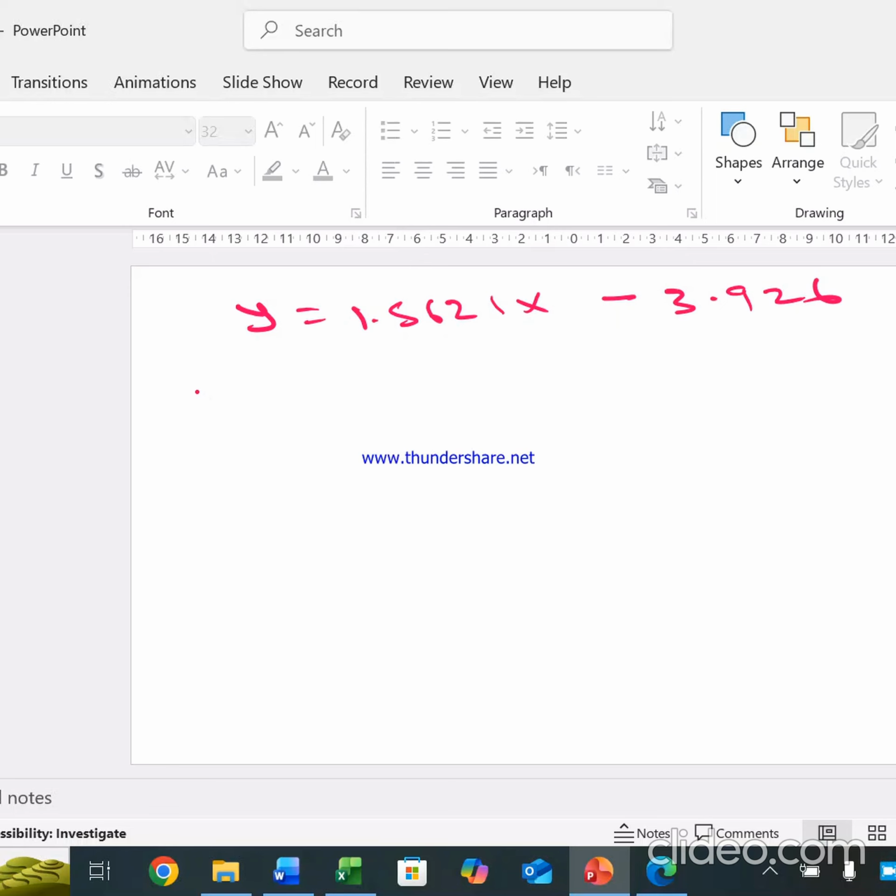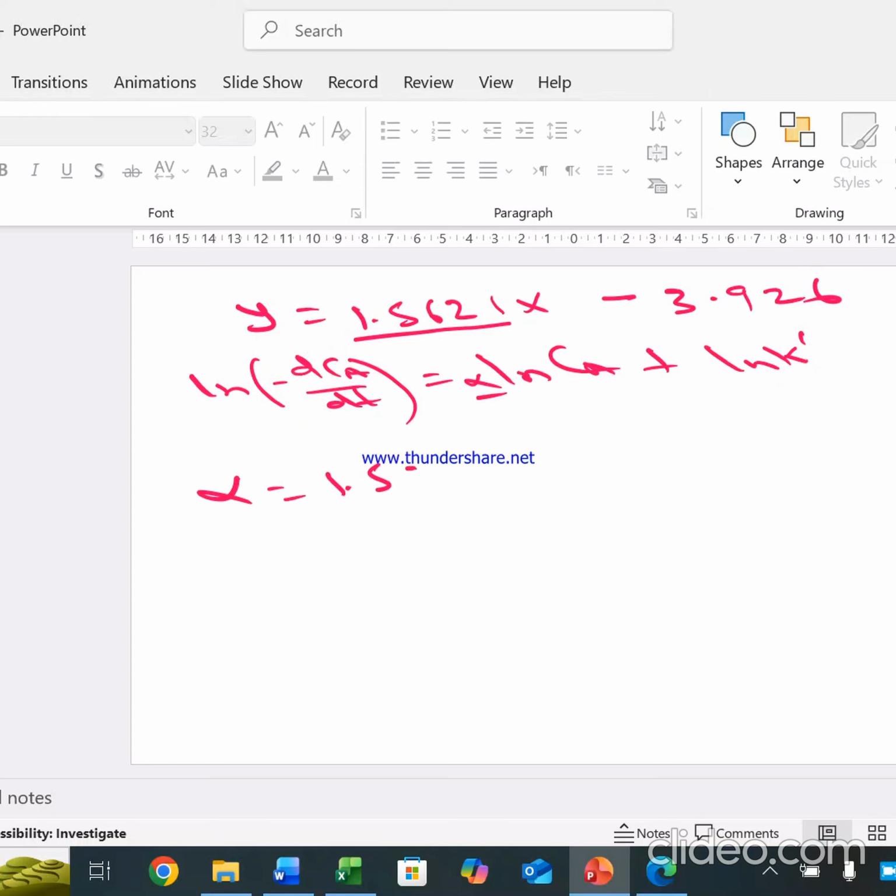That is, lane minus dCA/dt is equal to alpha lane CA plus lane K prime. So that means my alpha is 1.56. So alpha is equal to 1.562. So approximately the order of the reaction is equal to 1.5 or 1.6.